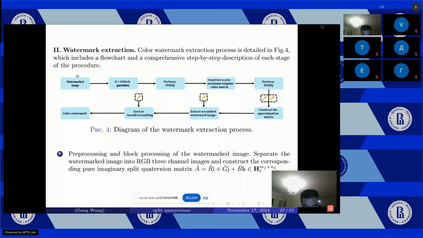The watermark information is then extracted from each patch through the application of the inverse singular value decomposition technique. This critical step enables the accurate retrieval of the embedded watermark. Finally, the extracted watermark information is reconstructed to ensure its completeness and integrity, demonstrating the effectiveness of this method in watermarking applications.